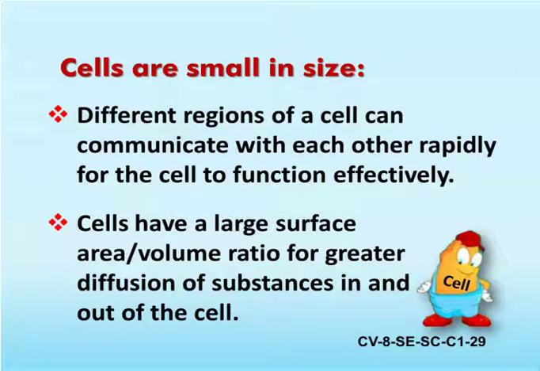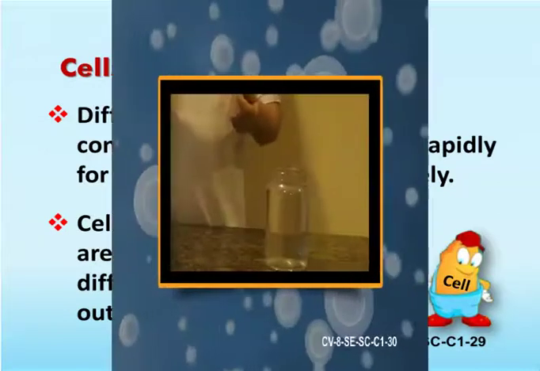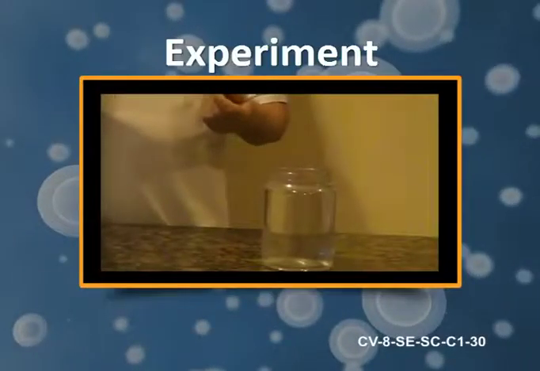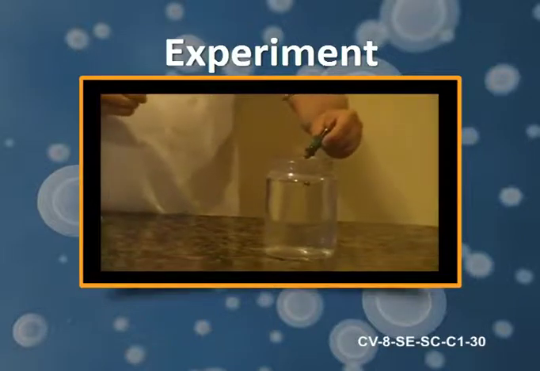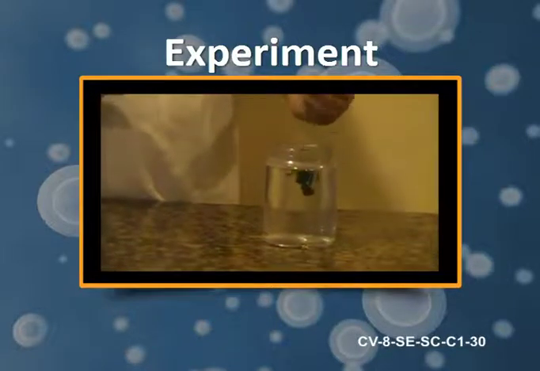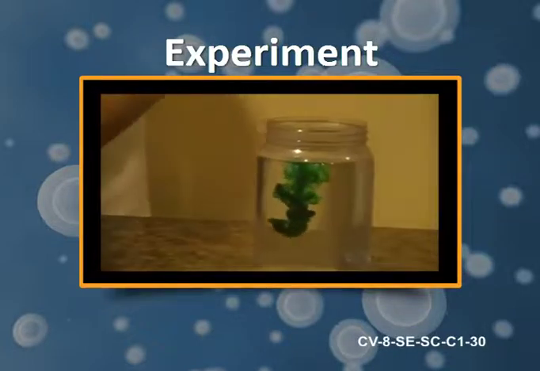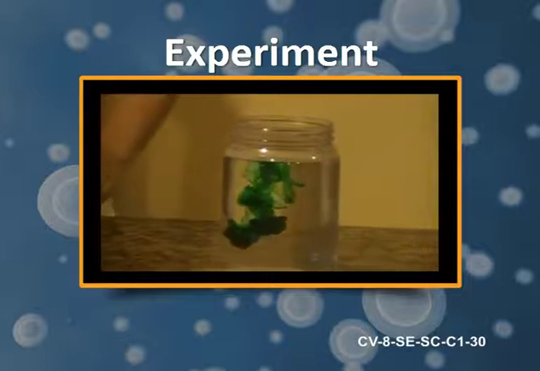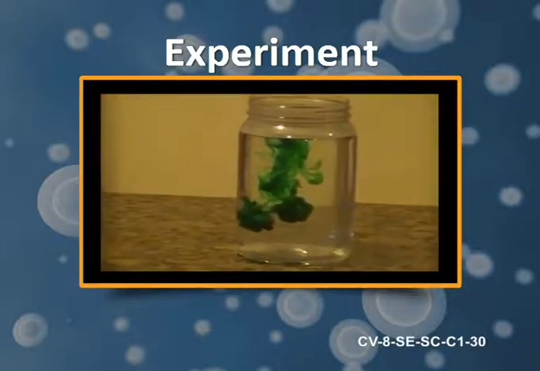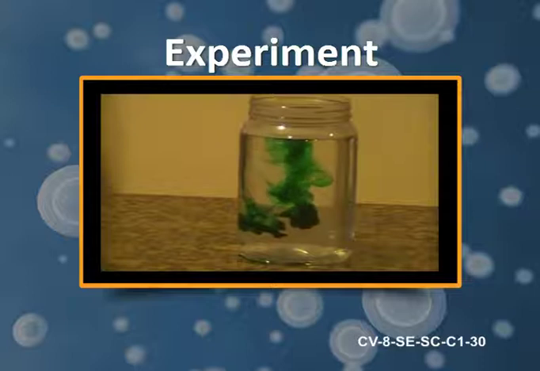Now let us understand how molecules move in and out of the cell through an experiment. Let us take a jar of water. Add 3 to 4 drops of green dye into the water. Children, now observe the change in the color of water. Whether the change was gradual or immediate.